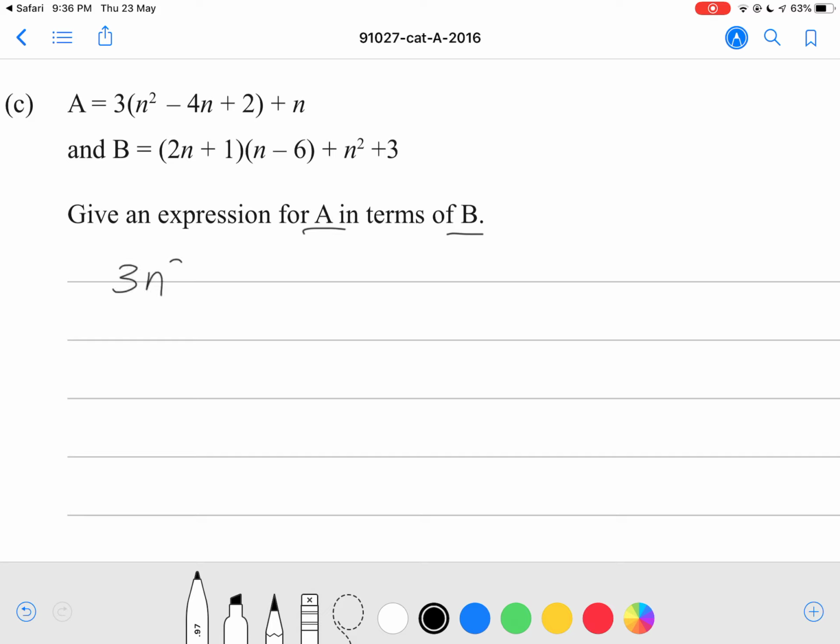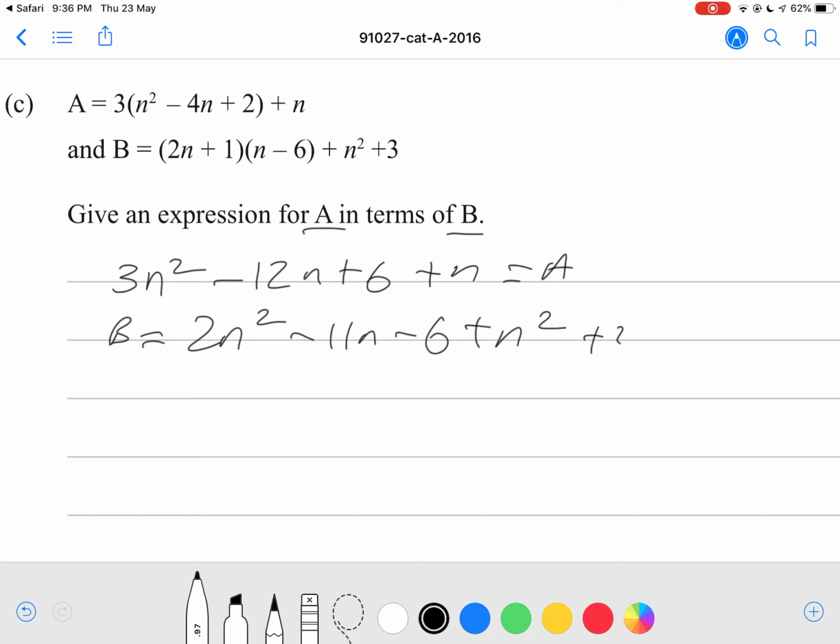So we're going to say 3n squared minus 12n plus 6 plus n equals A. And B equals 2n squared minus 11n minus 6 plus n squared plus 3 equals B, okay? So now we're going to simplify.